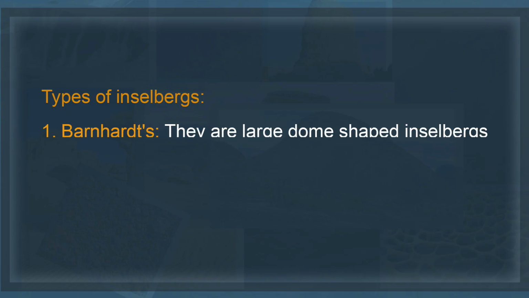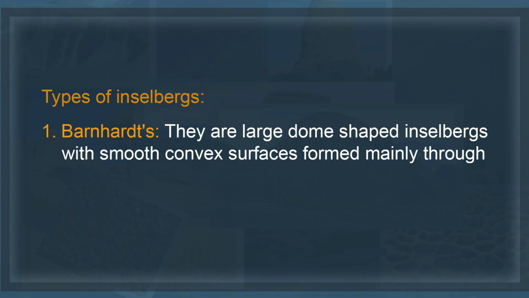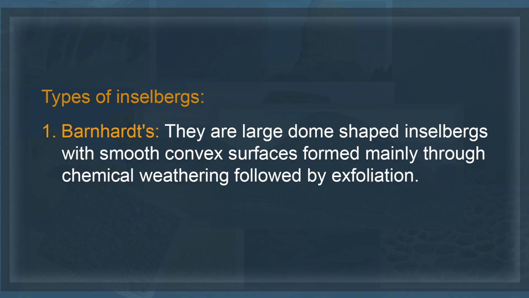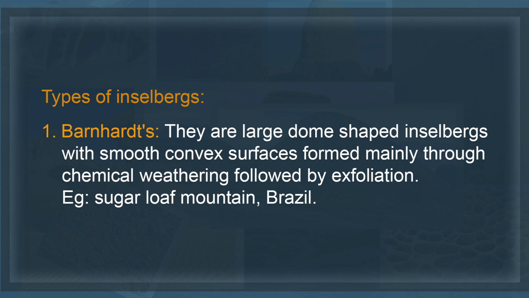Types of inselbergs. Bornhardts: they are large dome-shaped inselbergs with a smooth convex surface, formed mainly through chemical weathering followed by exfoliation. Example, the Sugarloaf Mountain of Brazil.